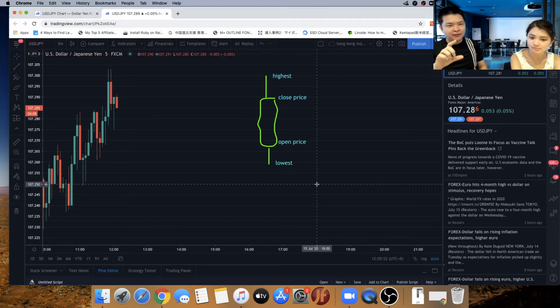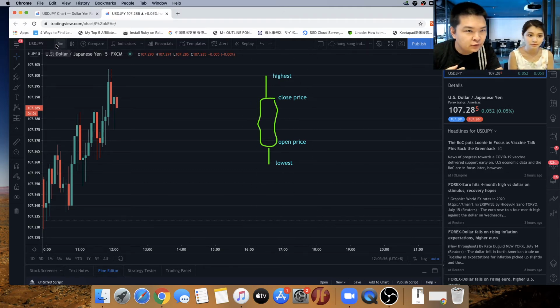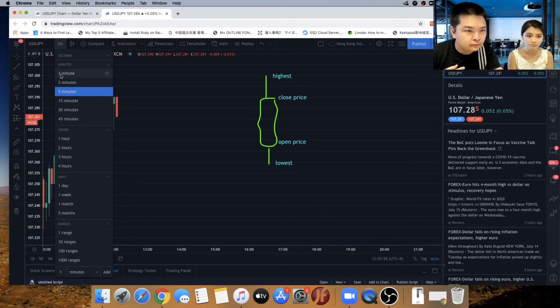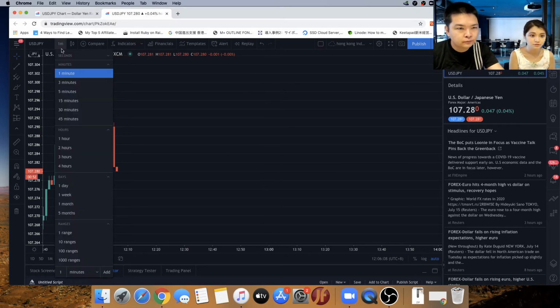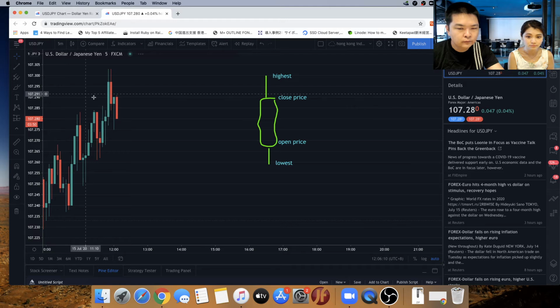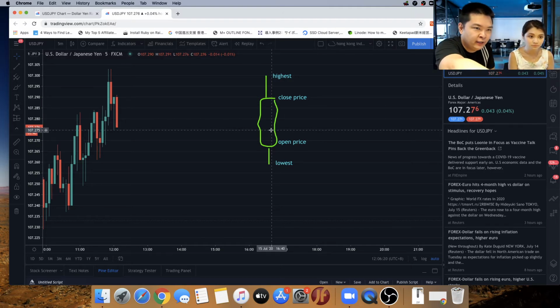So why is this the lowest? Think about it, Camille. This is a very good example if you change to M1. During that minute, the price keeps moving, fluctuating, and the candle hasn't formed yet, and the price keeps going up and down. Here we are on M5, 5 minutes.